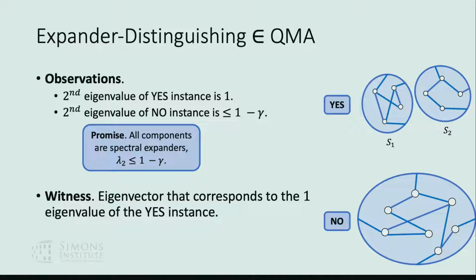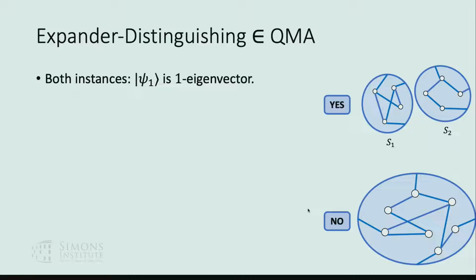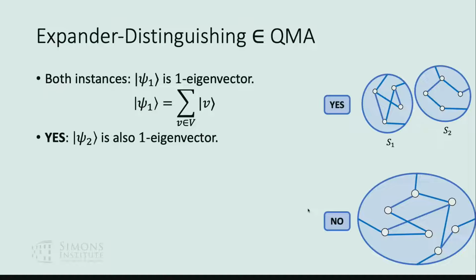So it makes sense now to consider maybe the witness will be the eigenvector that corresponds to the one eigenvalue of the yes instance, right? And let's see this a bit more in detail. As I said, there is one eigenvector that has eigenvalue 1 for both instances. That's just the uniform superposition over all of the vertices.